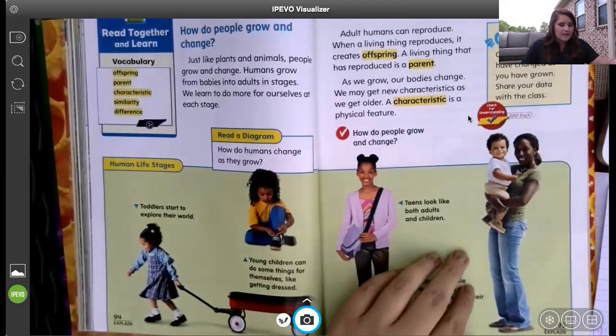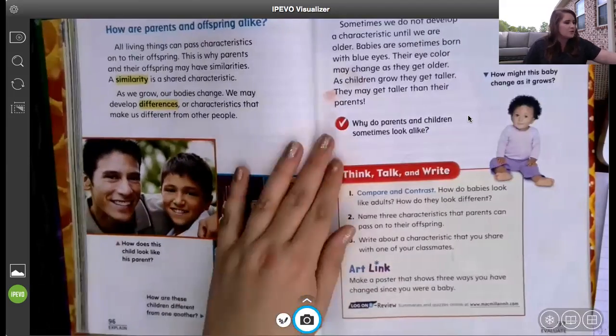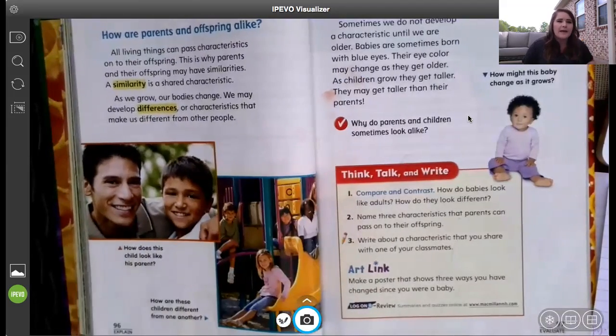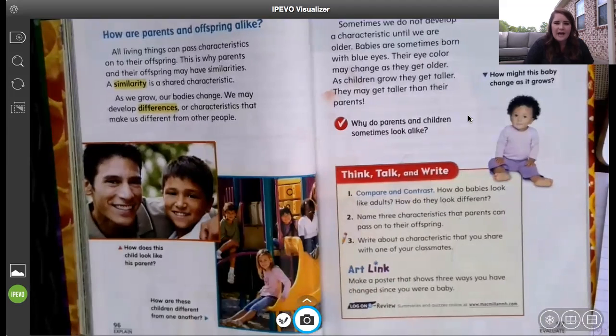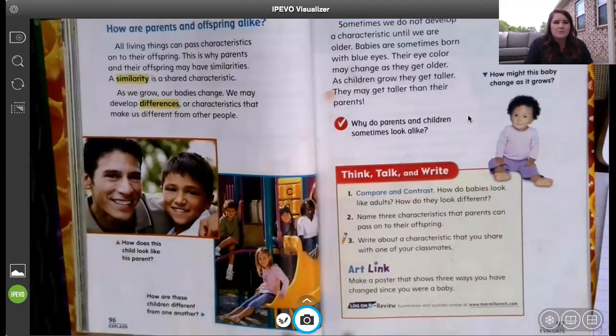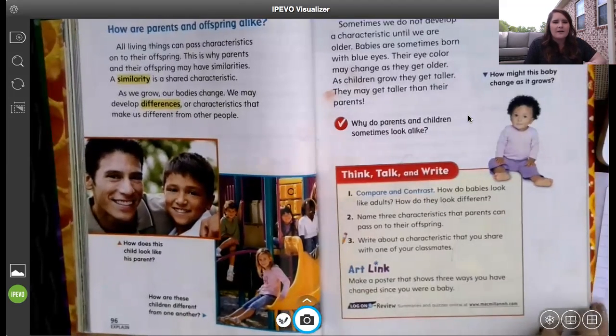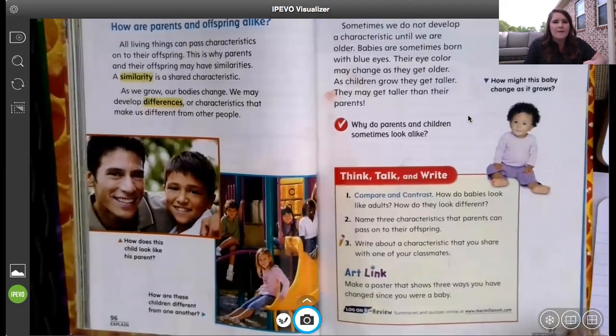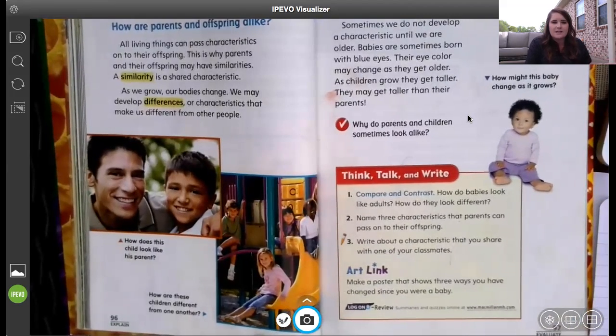So if we turn the page, it says, how are parents and offspring alike? All living things can pass characteristics on to their offspring. This is why parents and their offspring may have similarities. A similarity is a shared characteristic.